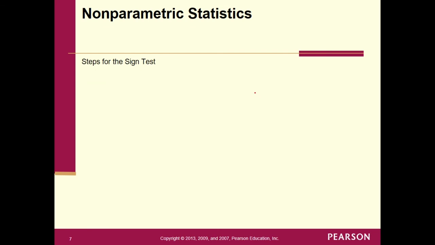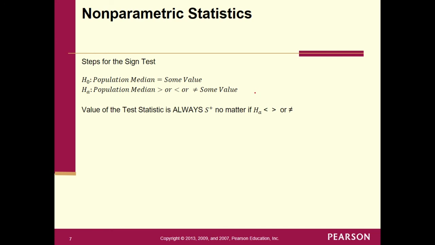So here are the steps for the sign test. First of all, the null hypothesis will be the population median is equal to some value, whereas the alternative is the population median is greater than, less than, or not equal to that same value. So no different than from before. Now here, pay close attention to this. The value of the test statistic is always, always, always what we call S plus.